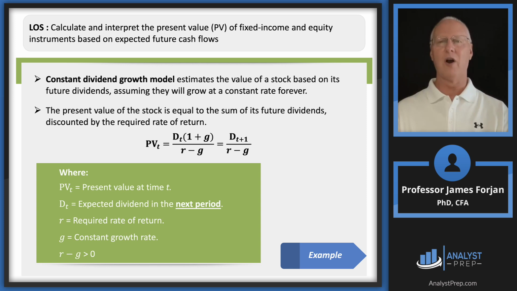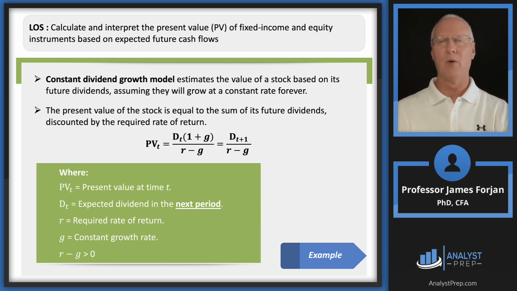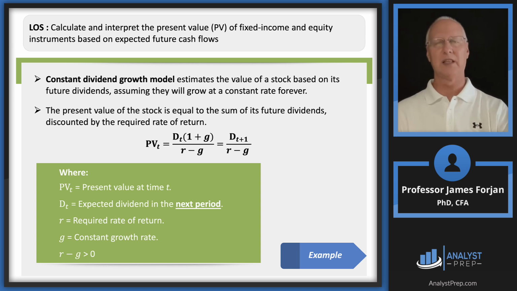So notice on the far right side over there, we've got the dividend in time period t plus 1. So the t is 0, so time period 1, divided by r, which is the required rate of return, minus that growth rate. Oh man, this is so cool. You guys should be high-fiving each other saying, you know what, this is why I got into the CFA program, to learn stuff like this.